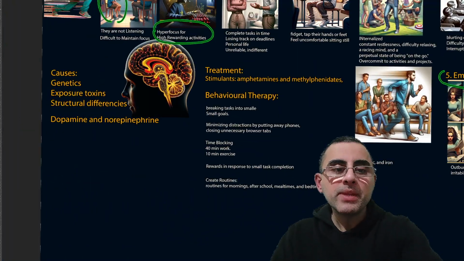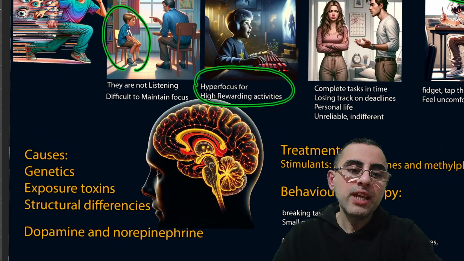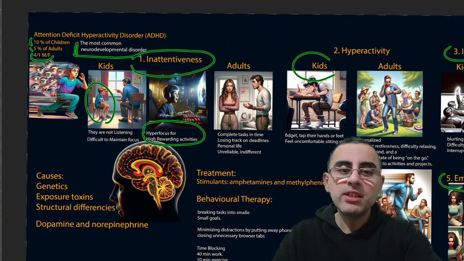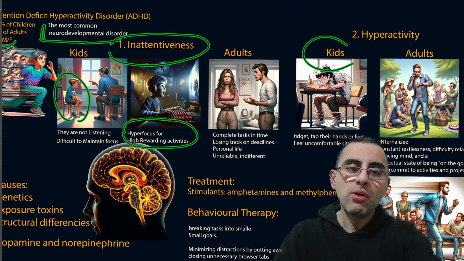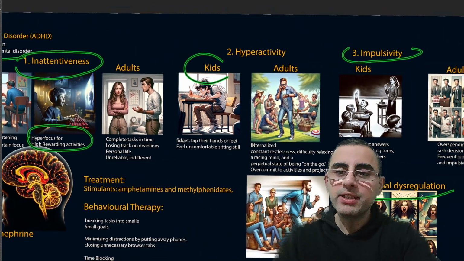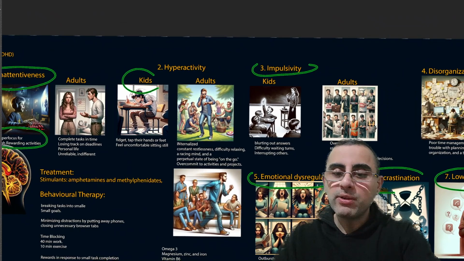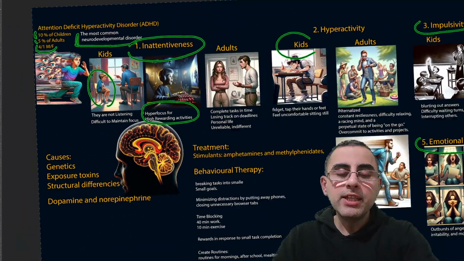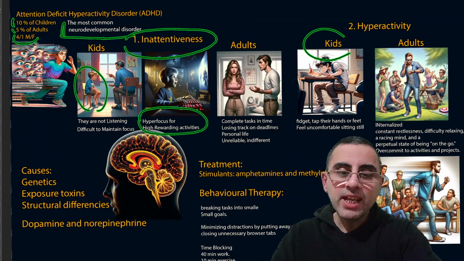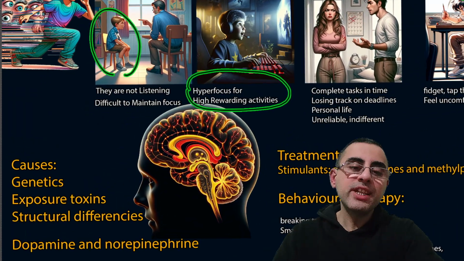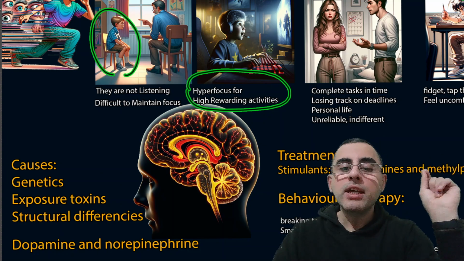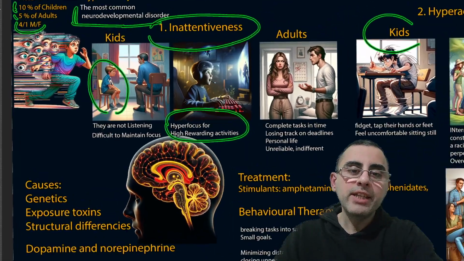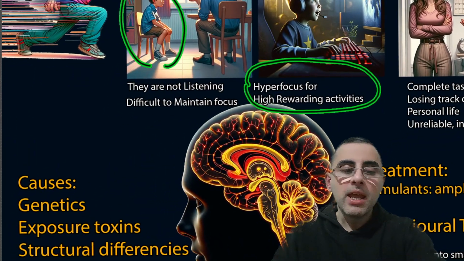Now let's talk about what causes ADHD and how we diagnose it. For diagnosis we need several important symptoms such as inattentiveness, hyperactivity, impulsivity, disorganization, emotional dysregulation, and procrastination. If they are present for more than 6 months and importantly interfere with quality of life, then the ADHD diagnosis is made.